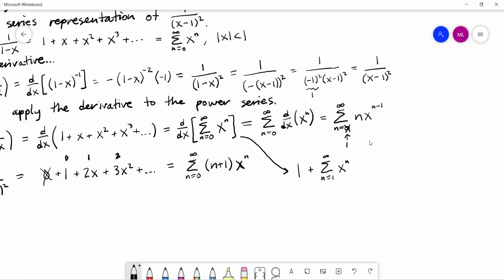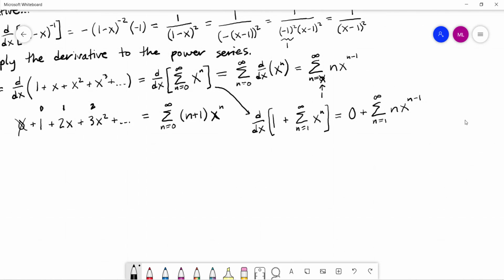If I'm taking the derivative of this instead, let me put it in parentheses and write that derivative in front of it. Now you can see the derivative of that first term is just going to be 0. And now it's a little more clear why the index gets preserved. It's going to be the sum from n equals 1 to infinity of, again, n x to the n minus 1. This is really where we get this, but you can also make the argument after the fact that this needs to be reindexed to 1.